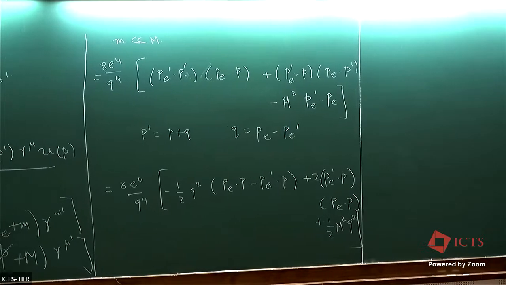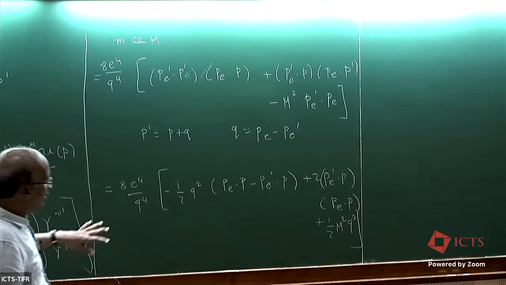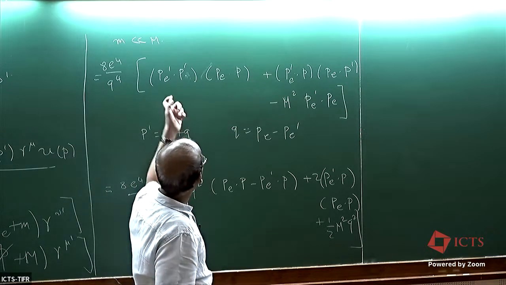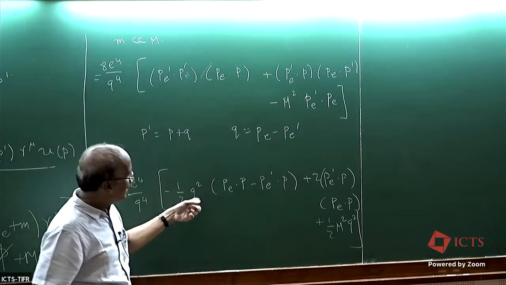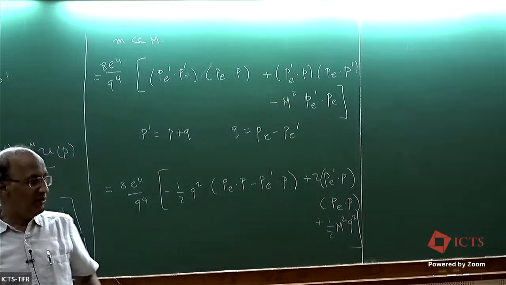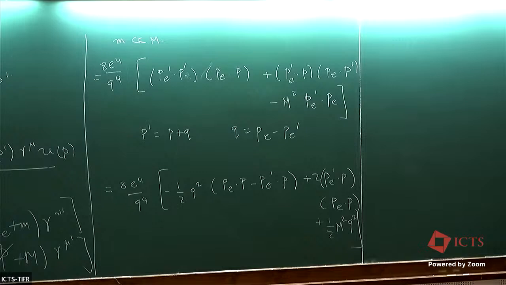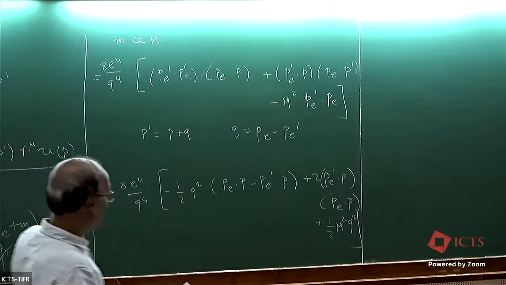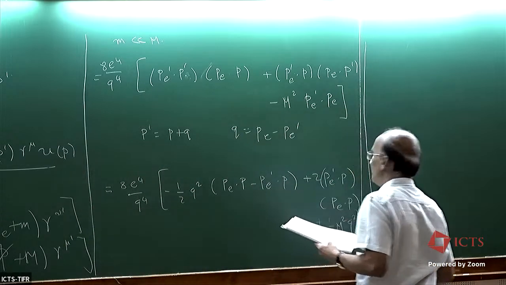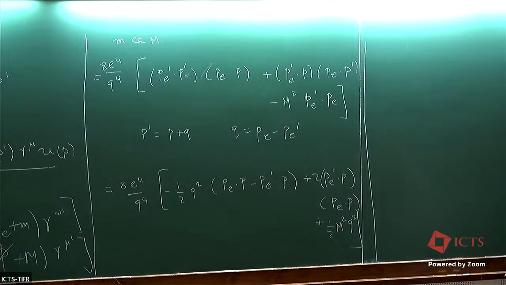So at every vertex there is a momentum conservation. If I simply use that, you can get rid of this p prime and express everything in terms of the incoming and outgoing lepton momenta and the proton momentum. So this is what we have for this matrix element.